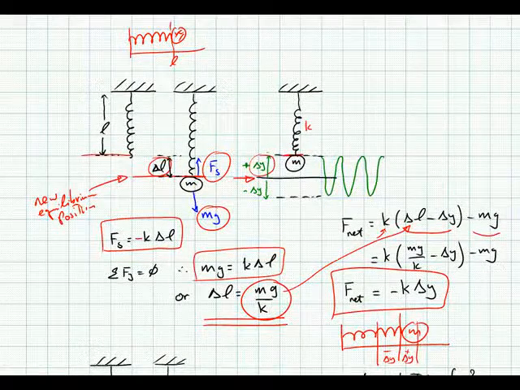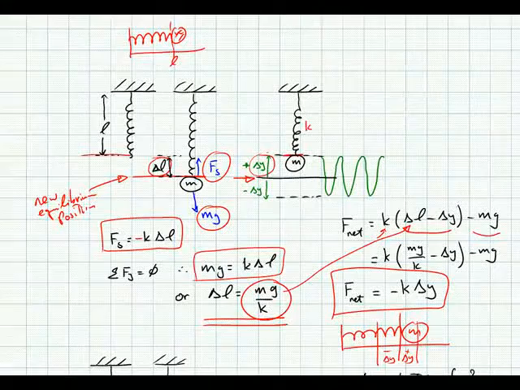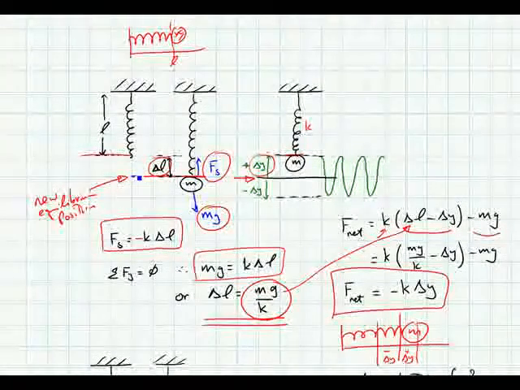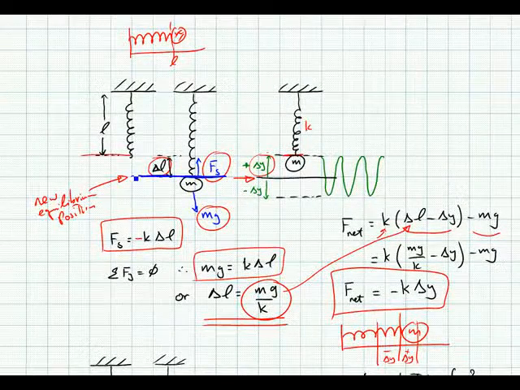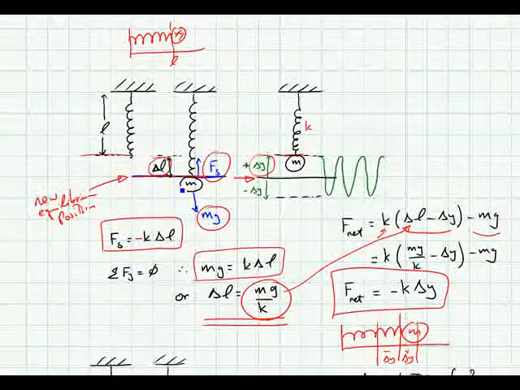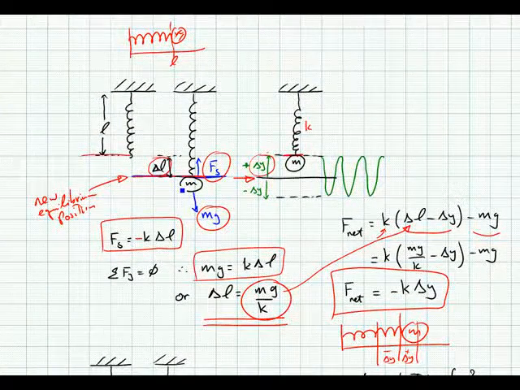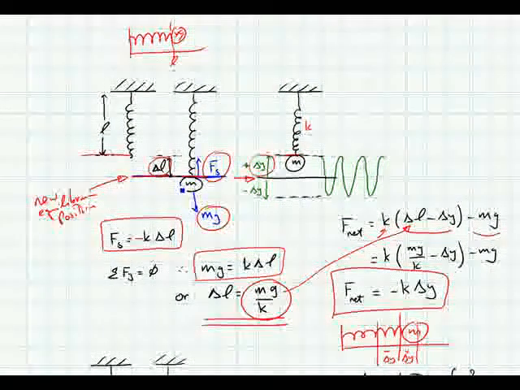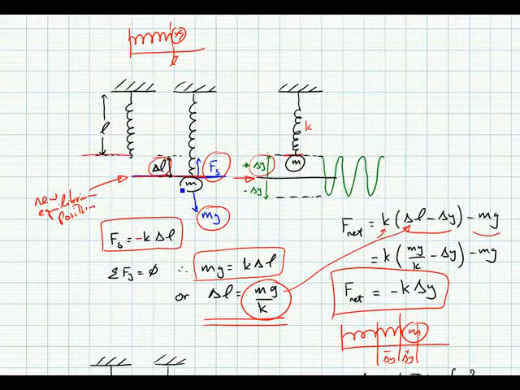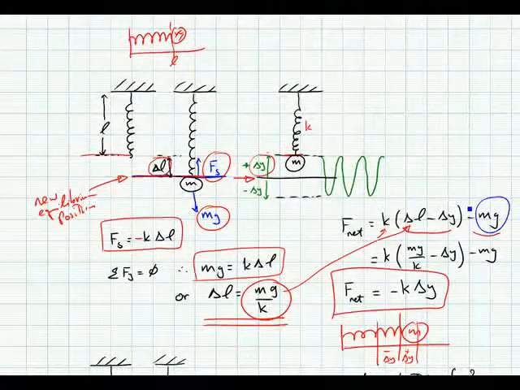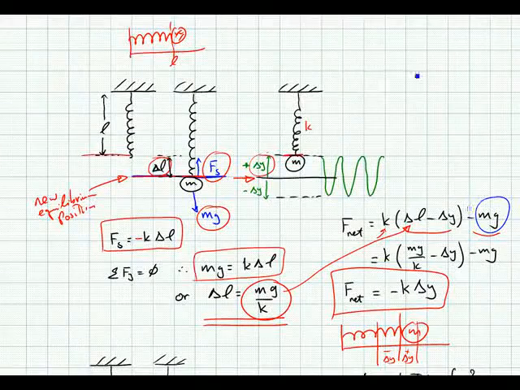So if you choose your equilibrium position carefully, that is, if you make the equilibrium position the stretched length of the spring due to the mass m hanging from it, then you don't need to worry about the force due to gravity, this mg. It actually cancels out.